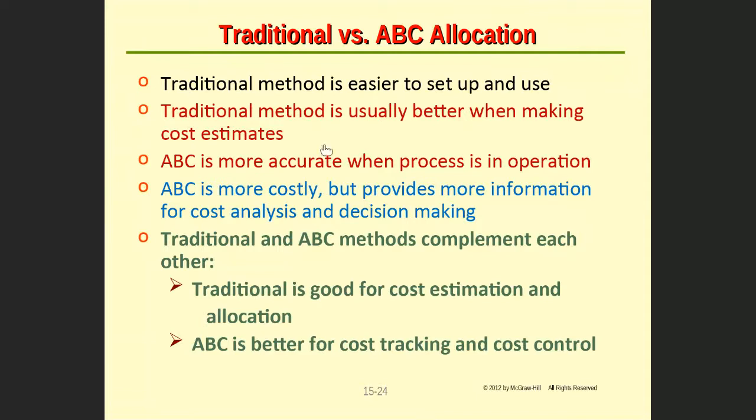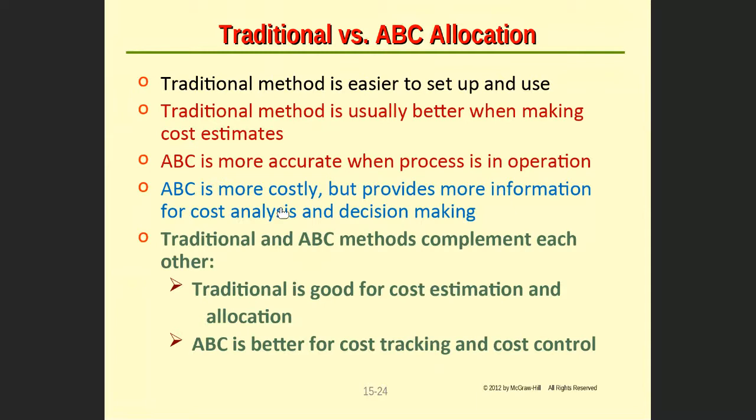So the traditional method is considered to be better in terms of cost estimation compared to the ABC. The ABC is accurate when the process is in operation, but not to estimate. And as I said, the ABC is better for tracking and cost control, but the traditional and allocation method is good for cost estimation.